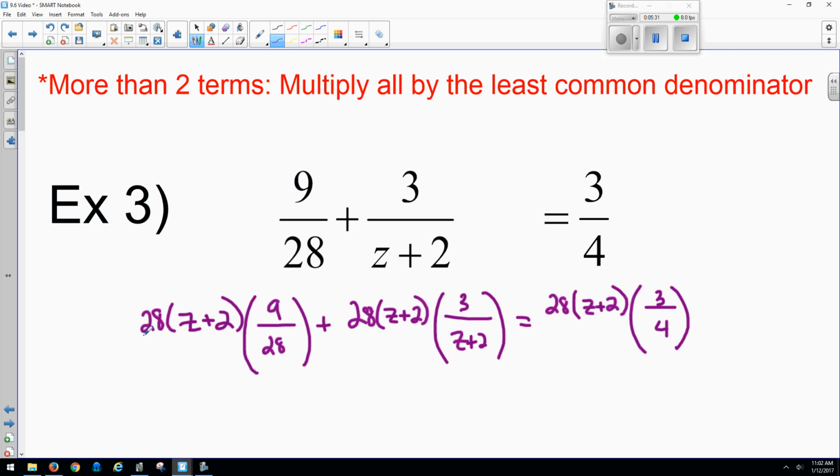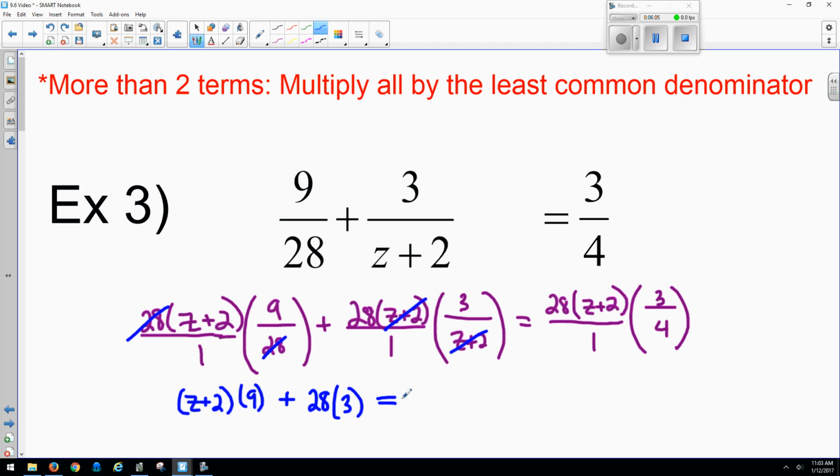If it helps, I would put what you're multiplying by over 1. Now we can simplify each term by dividing out the common factors. Here the 28 divides out with the 28, and I'm left with (z plus 2) times 9. Over here, the z plus 2 divides out with the z plus 2, and I'm left with 28 times 3.